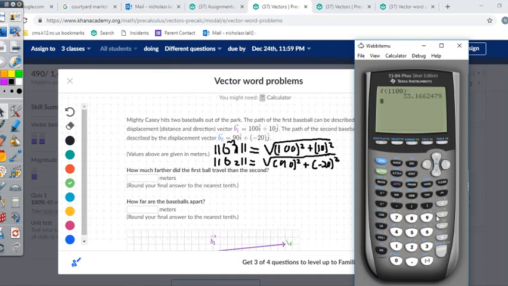All right, 33.166. I'm supposed to probably plug it into the calculator wrong. So vector 1 has a magnitude of 33.166.